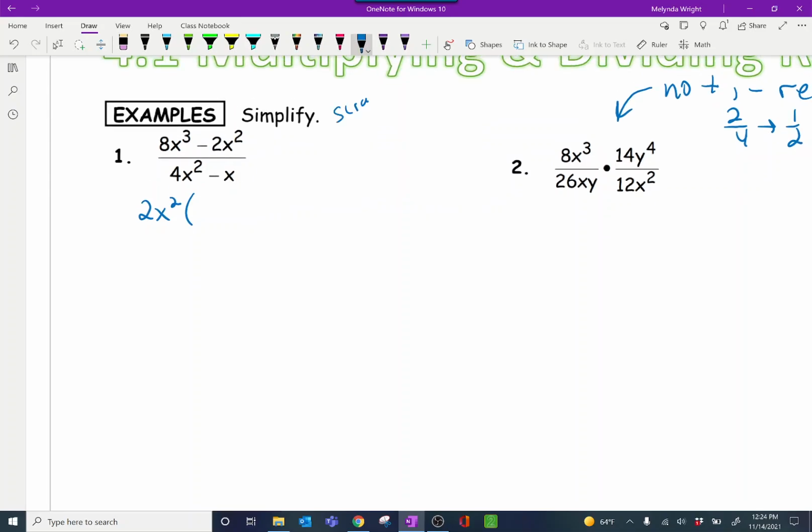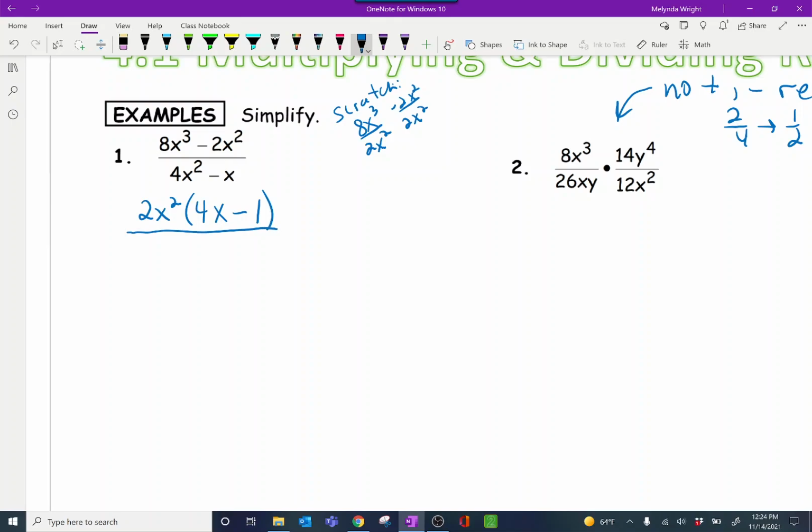We take the 8x cubed and divide that by 2x squared. 8 divided by 2 is 4, x cubed divided by x squared is x, and then the negative 2x squared divided by 2x squared. 2 divided by 2 is 1, x squared divided by x squared is 1. That's what we have in the numerator.